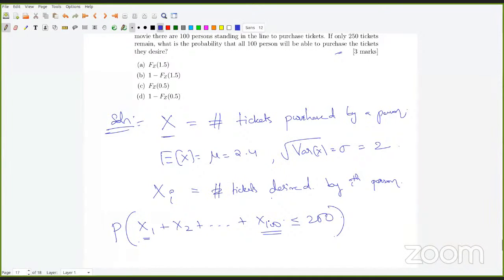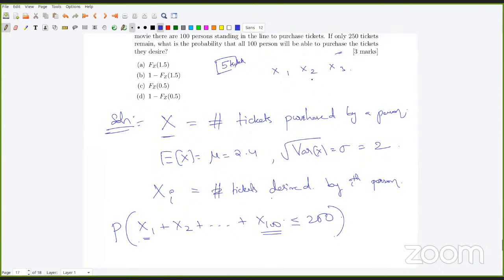Can you clarify this, sir? If the desire is more than 250... let's take a simpler case: there are only 3 persons in a line and only 5 tickets.